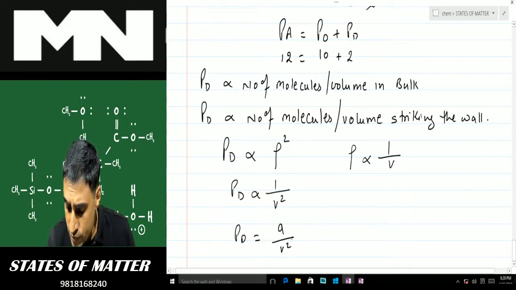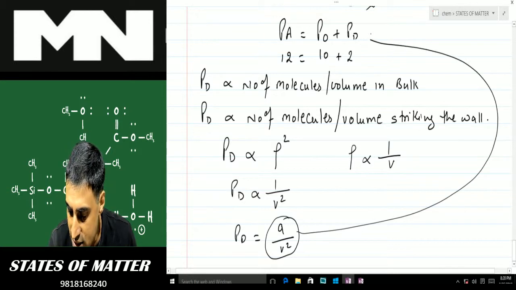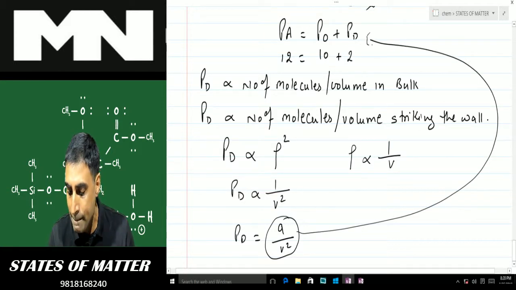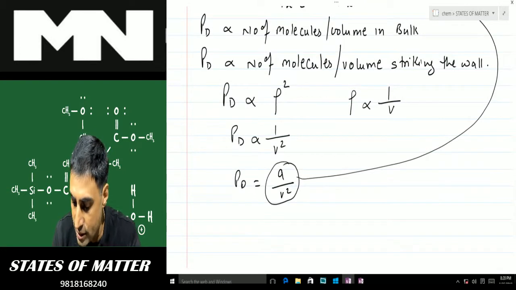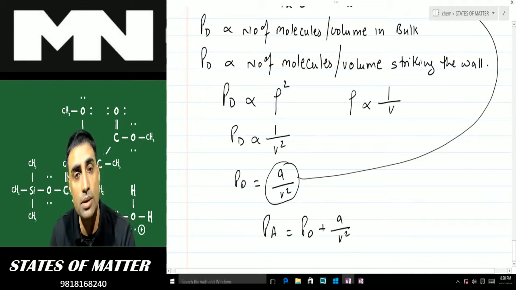Now we'll put this value in the above mentioned equation. So the correct pressure, the actual pressure, becomes observed pressure plus A by V square.